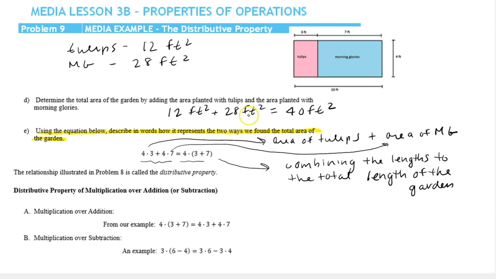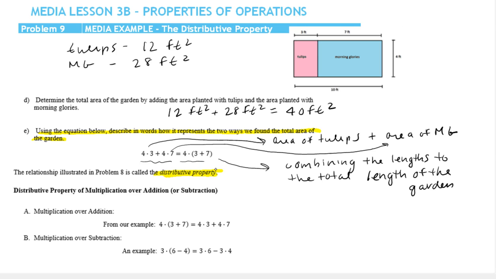Okay, so if we did 3 plus 7, there's the 10, okay, and that would be 4 times 10. And this is the result, which we call the distributive property.